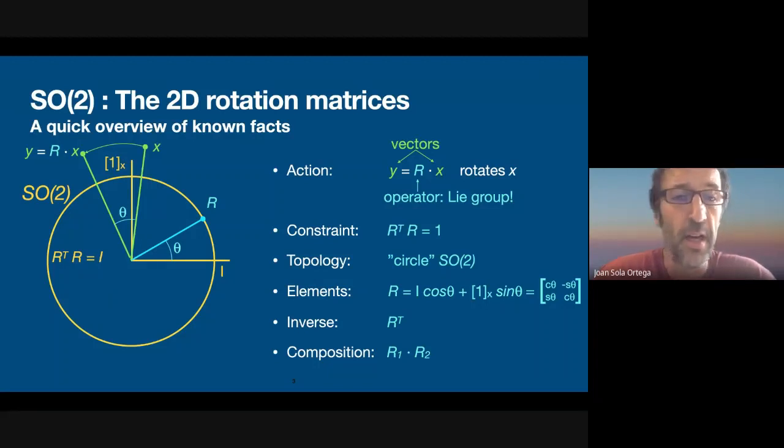So it works: if you abstract the algebraic operations, you get the same kind of properties for SO2, the group of rotation matrices in the plane, and the group of rotations in the plane constituted by the unit complex numbers. So there are a lot of similarities. Lie theory is the theory which will abstract all these operations and build a unified theory for all these objects.